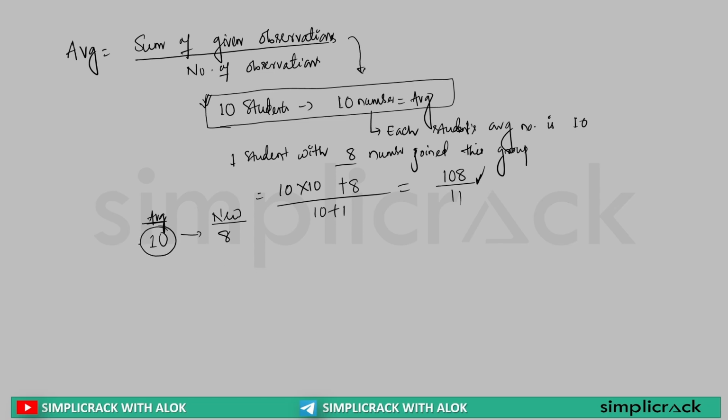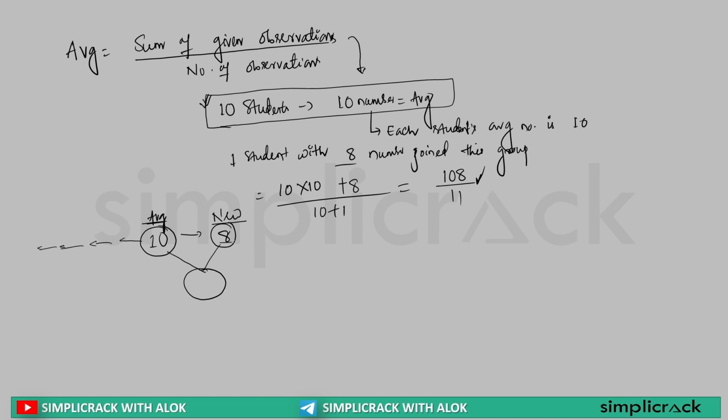Yes. Now understand this. When the average mark is discussed, 10 is for all. When the 8 marks of the student come to this class, your understanding should be built like this.